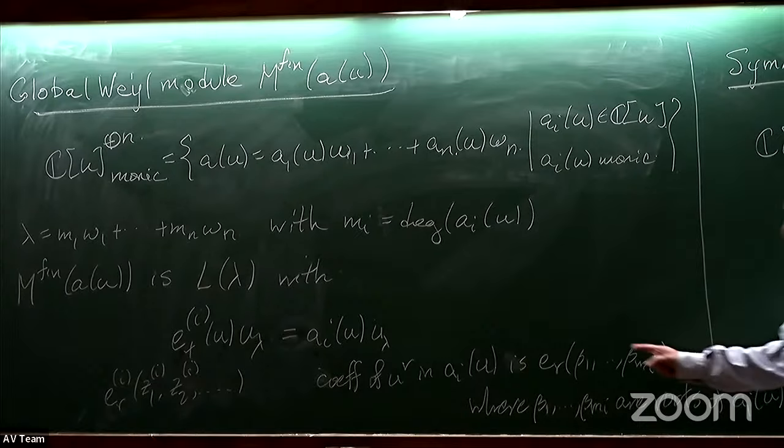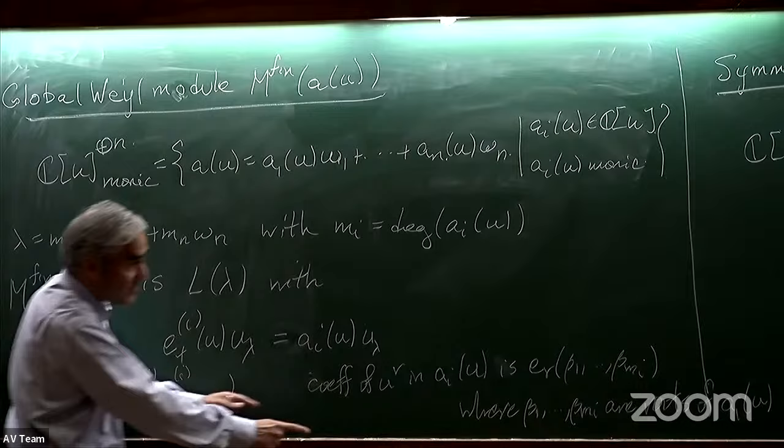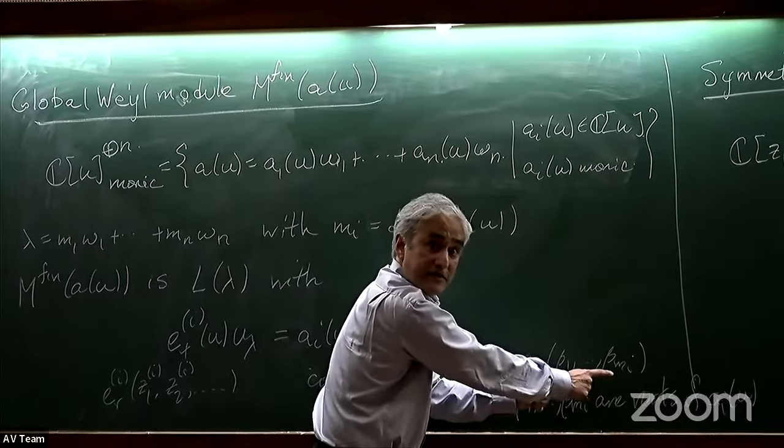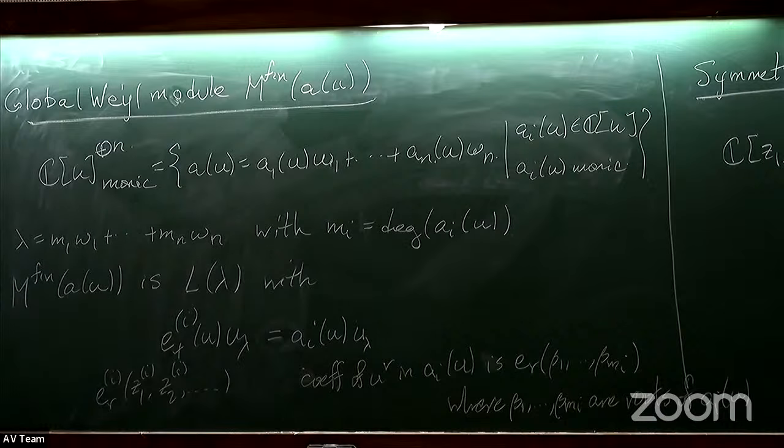So the effect of this process is it takes all of those fake variables and specializes them to these actual values. All of those formal variables become specialized to actual numbers.